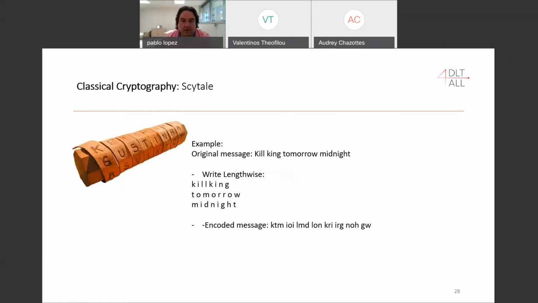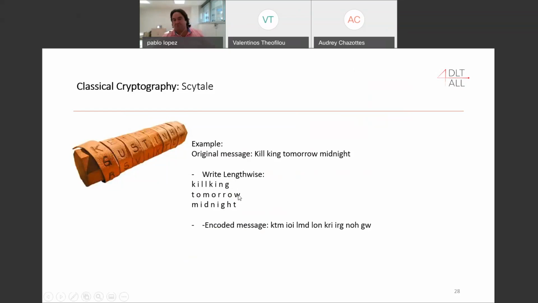For example, if the original message was "kill king tomorrow midnight," written lengthwise, the encoded message will be KTM, and we can read from top to bottom: KTM, IOE, LMD, LON, KRE, IRG, NOH, GY, GW. Sorry.